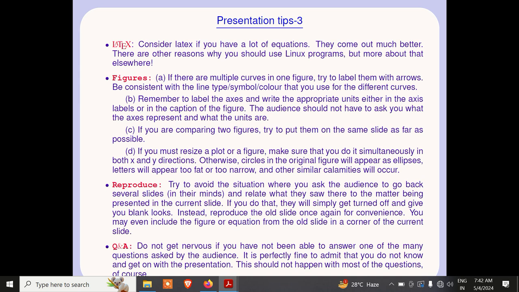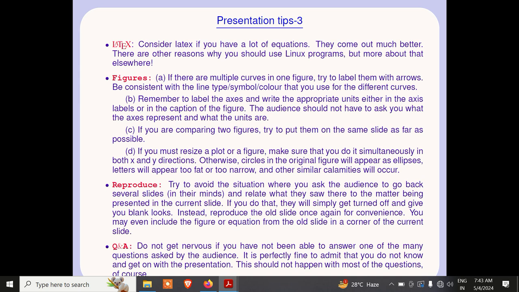If you have multiple figures, multiple curves, try to label them with some arrows and be consistent in the line style, right? If you have used a dotted line, then it should convey something. The symbols, the color, it should convey something. Every plot, every curve has some purpose.